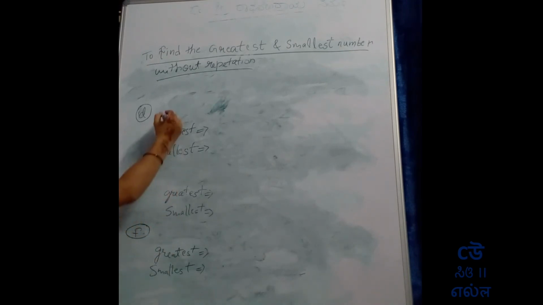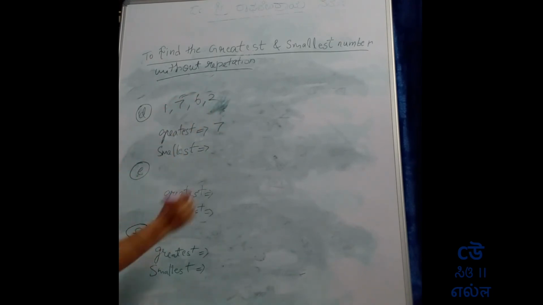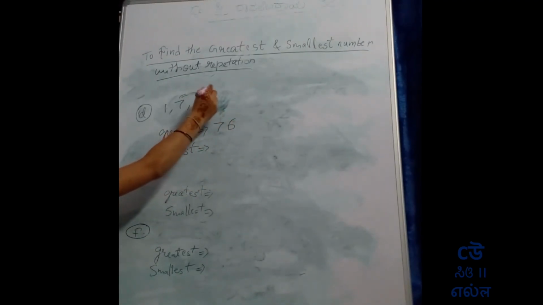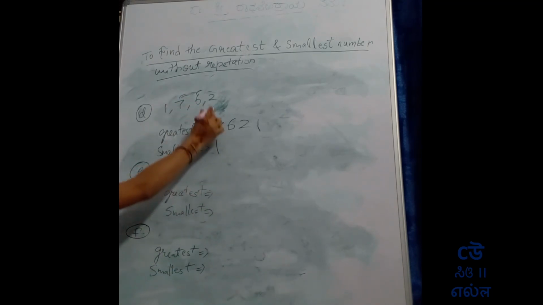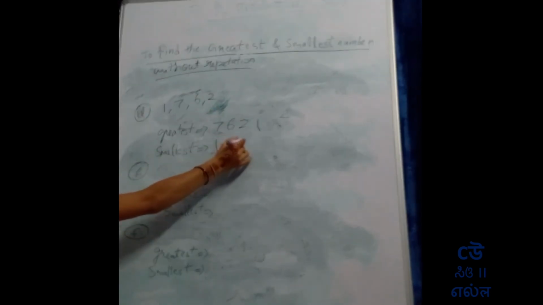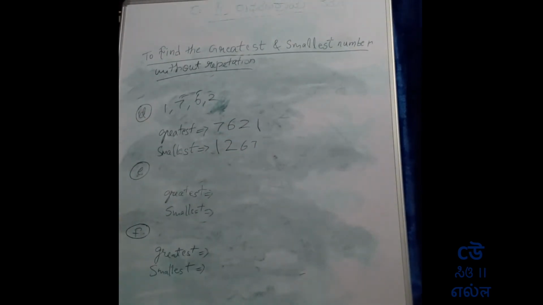That is the fourth one. This is 1, 7, 6, 2. In this, which is the bigger number? 7. Next, in these 3, which is the biggest number? 6, then 2, then 1. Okay. Next, we'll find how to write the smaller number. In these 4 digits, which is the smaller number? 1. Next is 2. Next 6. Next is 7.